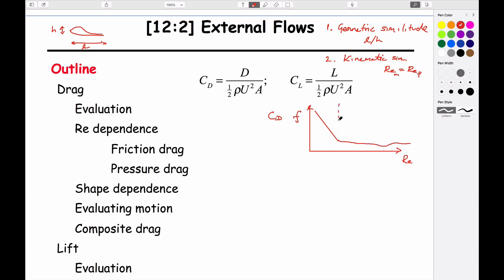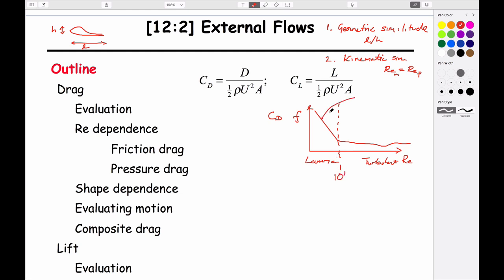The important part is that the laminar regime and the turbulent regime are divided through by some number. For pipe flow we know this is something like 2100. For these flows it might be something like 10 to the 1. It doesn't really matter what the number is.